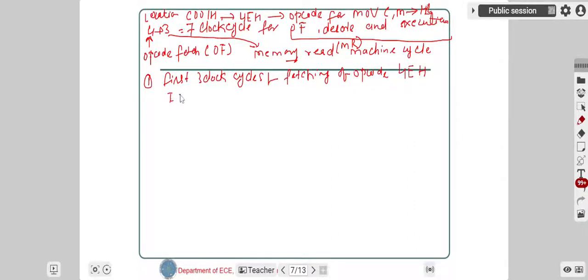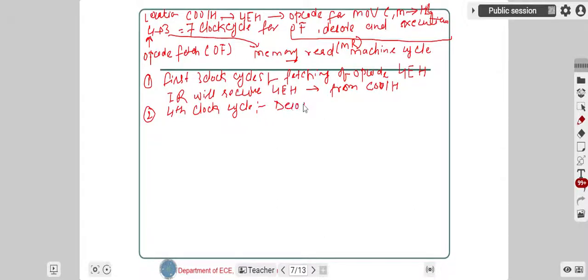So the instruction register will receive this 4EH inside it during the first 3 clock cycles. And this would be received from memory location C001H, from where we have stored this instruction. The decoding is done in the fourth clock cycle.